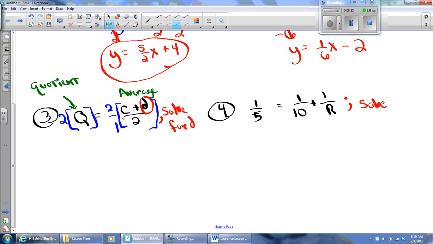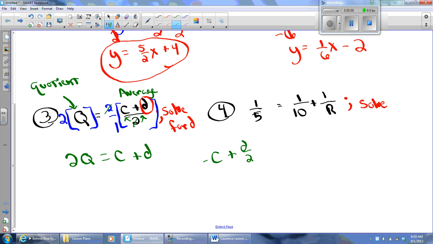So on the right-hand side, the 2 over 2 will cancel, leaving me with just C plus D. And then 2 times Q is 2Q. Now, some of you are wondering why I didn't listen to Saddam on this one, because this 2 was attached to both the C and to the D. It wasn't this situation.